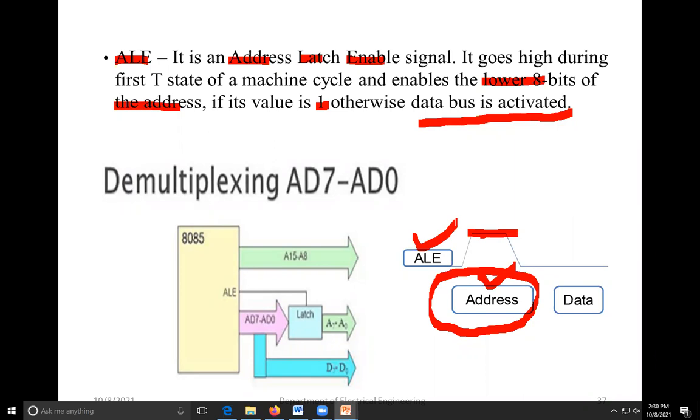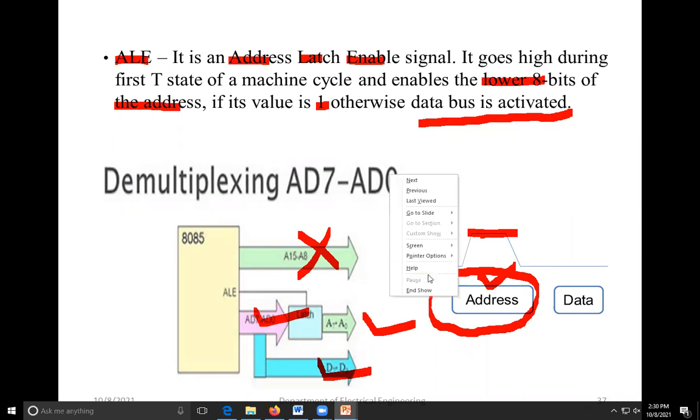And when the ALE pin is low, it acts only as a data bus. Which is the data bus? This is the data bus.